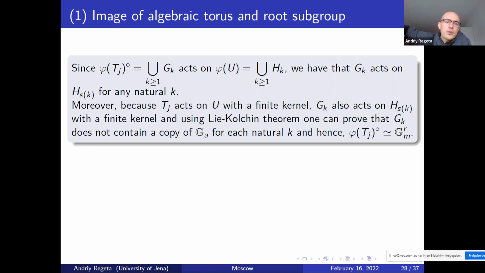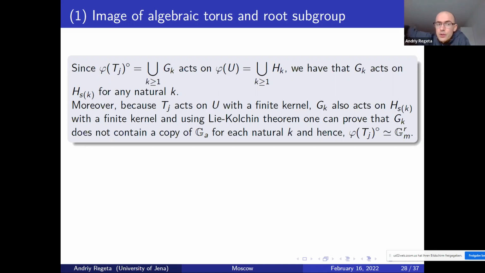Now, both these groups are unions of algebraic groups. So they are nested unions of groups. This implies that G_k acts on H_{s_k}, where s_k is some natural number which depends on k, for any natural k.